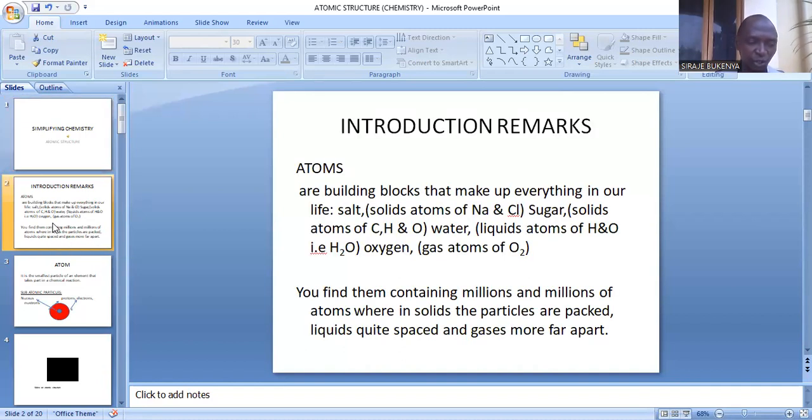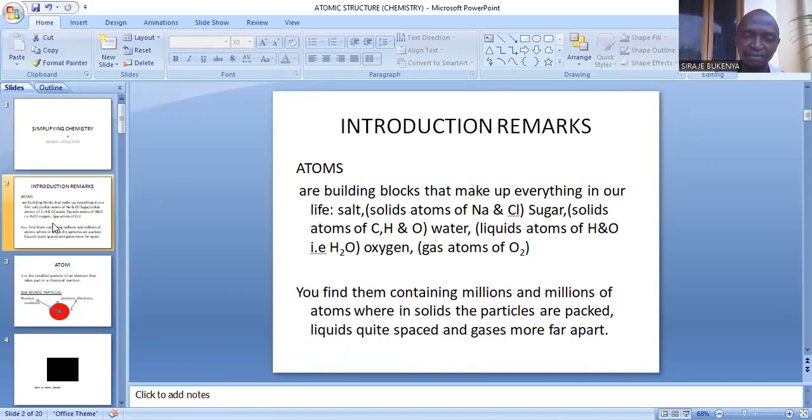If you look at salt, salts are solids. The common salt is sodium chloride. You can say having atoms of sodium and chlorine, NaCl, sodium chloride. Then you can have solids of, say, sugar.